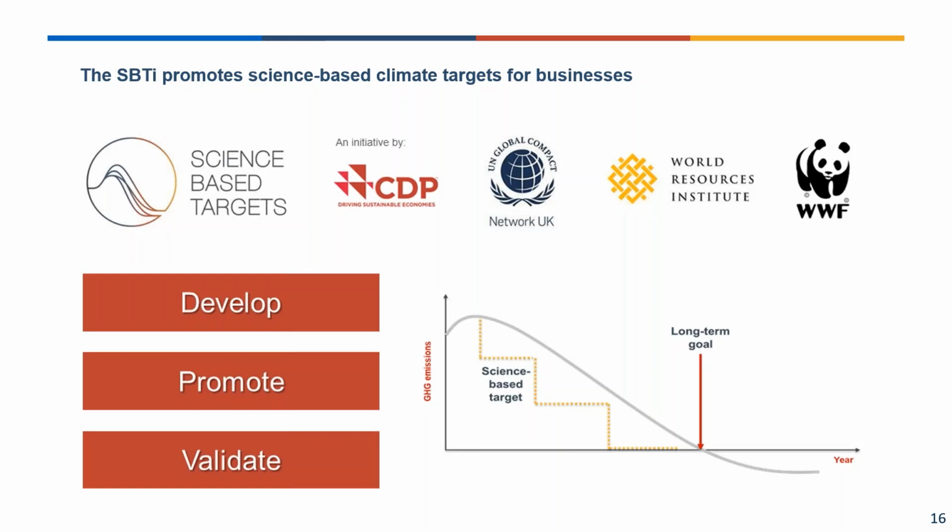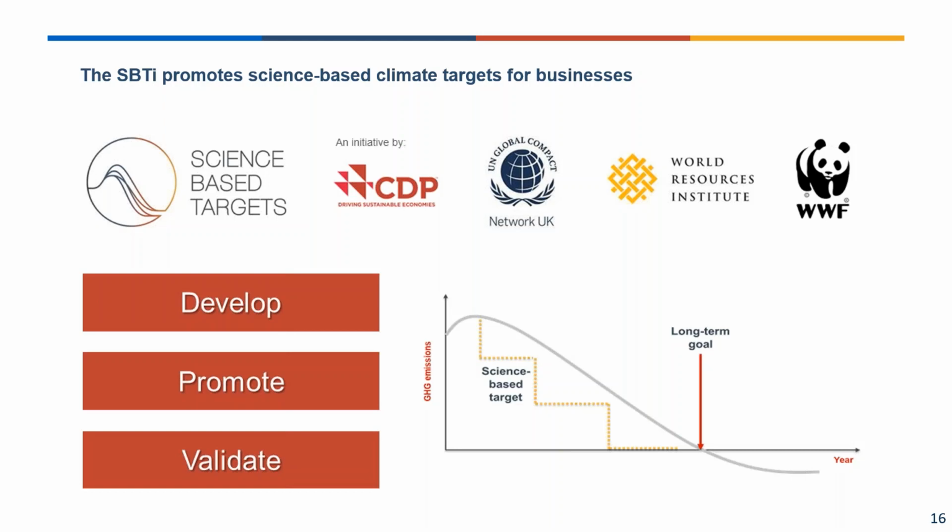Companies need to set Scope 1 and 2 emissions that cover most or the majority of these emissions with a maximum exclusion of 5%. And these targets have to cover 5 to 15 years into the future from the date that the target is submitted to the initiative for review.